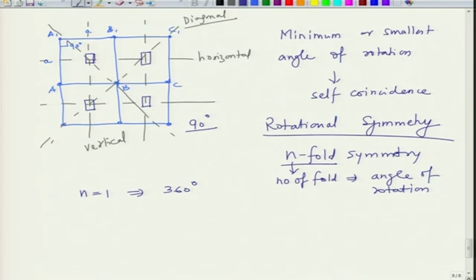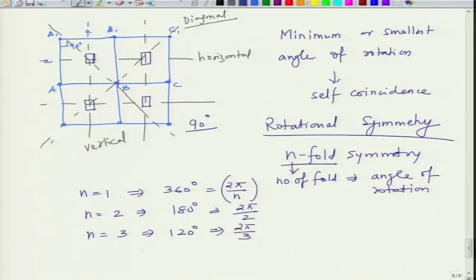Basically, it is a rotation by 2 pi divided by n. N equal to 2 will mean 180 degrees, which is 2 pi divided by 2. N equal to 3 will mean 2 pi divided by 3, that is 120 degrees rotation. And n equal to 4 will mean 90 degrees.